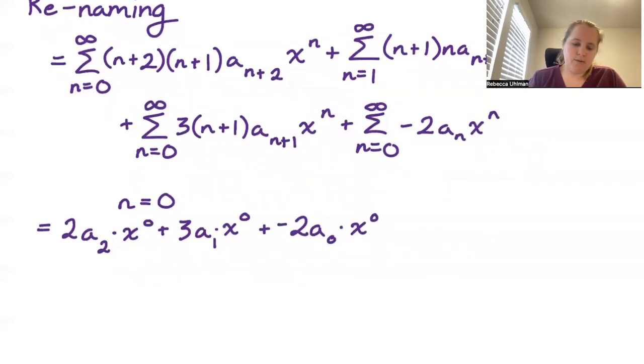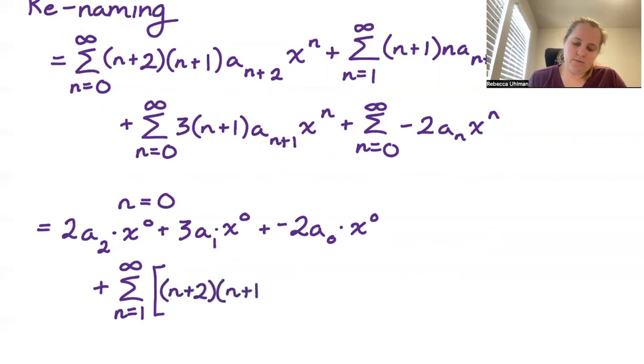And then beyond this, we will have the sum from n equals 1 to infinity of n plus 2 times n plus 1 times a sub n plus 2. Then we have plus n plus 1 times n times a sub n plus 1.